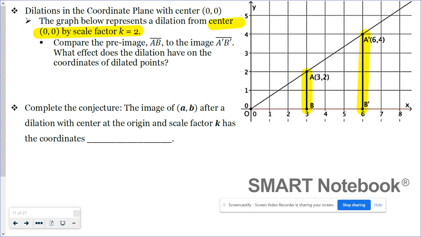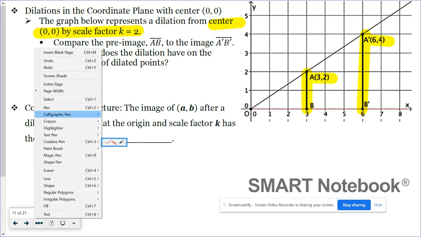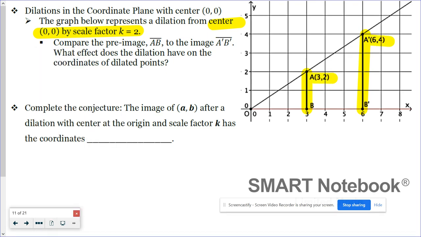What effect does the dilation have on the coordinates of the dilated points? So A was originally at 3, 2. Then we performed that dilation and it became A prime, which is at 6, 4.